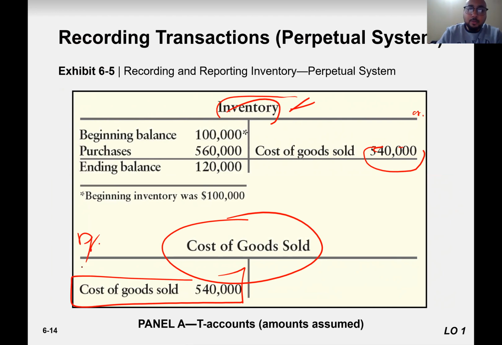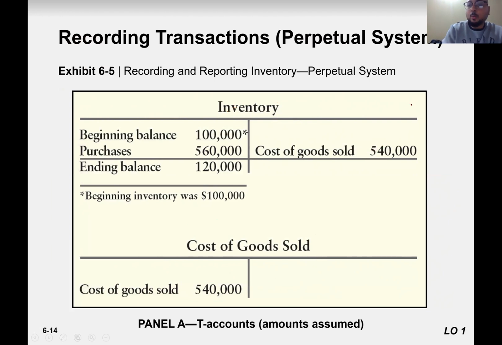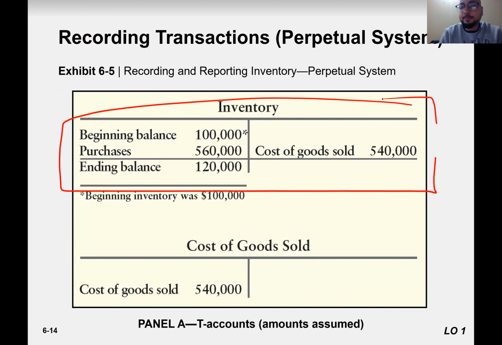We can also play with the T account of inventory. Once we have a beginning balance, purchases are going to increase the inventory, so that's why it's on the debit side. On the debit side there are going to be two items. Number one, the existing balance coming from the previous month or previous year, and then inventory is going to be increased, either you make the goods or you purchase the goods.